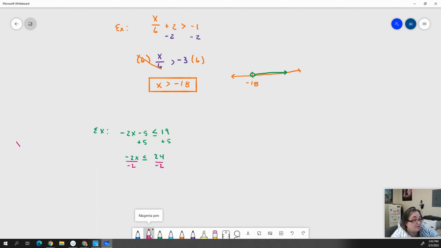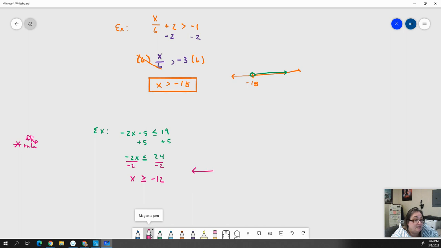So don't forget, this is where we're going to need to use our flip rule, right? We are dividing by a negative number, which means that we are going to have to flip the sign, and we're going to be left with x is now greater than or equal to 24 divided by 2, which is negative 12, right?